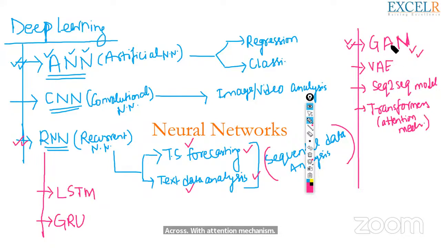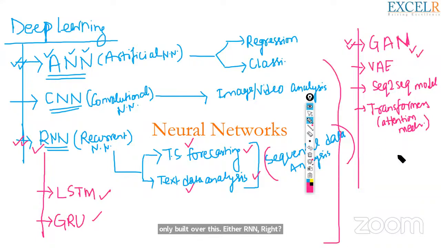Right? So guys, all of these advanced architectures are only built over either RNN, LSTM or GRU, right? So ultimately they are using these kinds of architectures only.